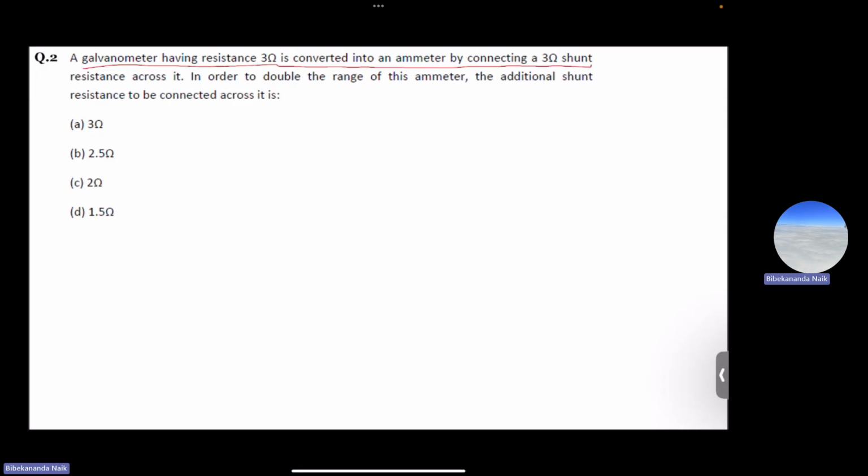Not exactly this type of question, but similar types of questions we have discussed in the last interaction session also. So I hope you will be able to answer it.